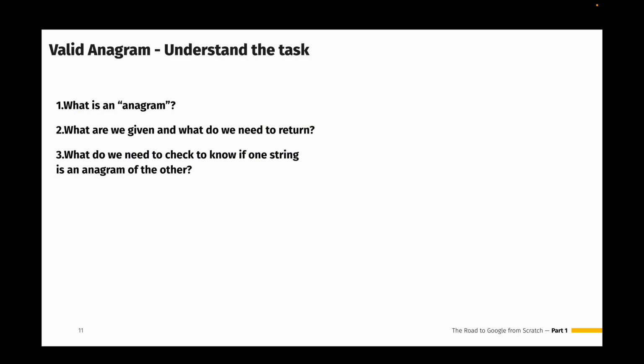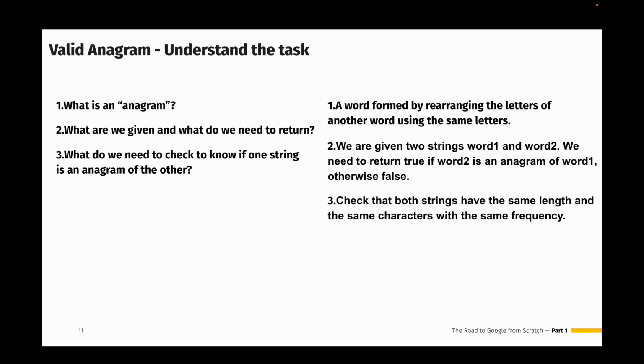So let's answer the questions. What is an anagram? What are we given and what do we need to return? What do we need to check to know if one string is an anagram of the other? And let's answer these questions. What is an anagram?